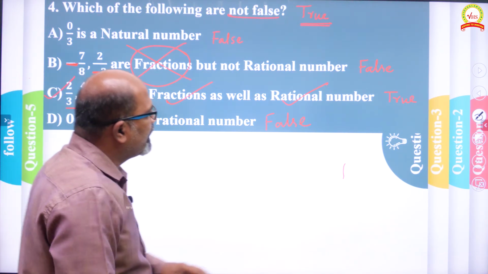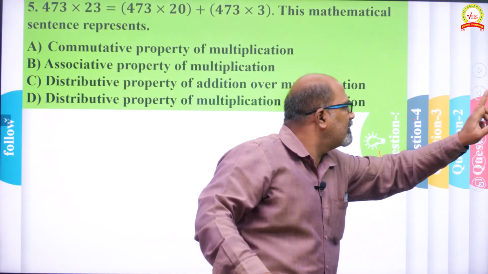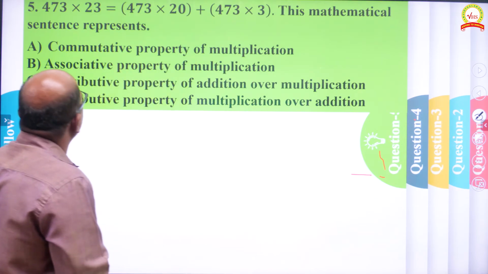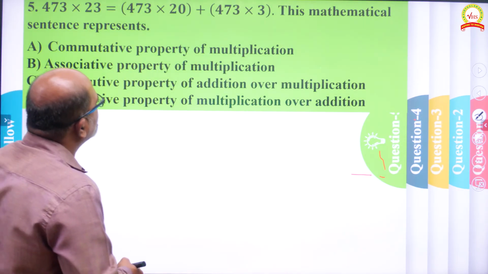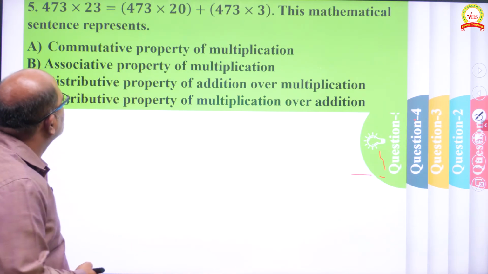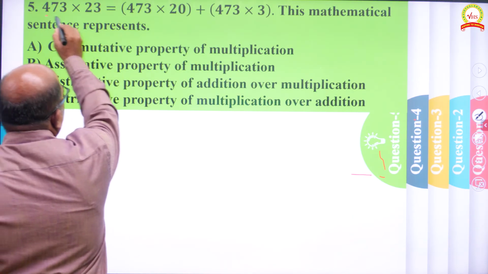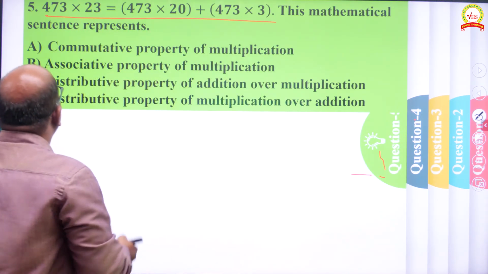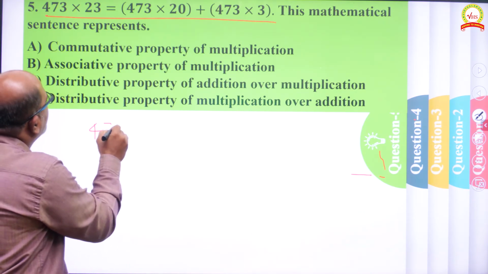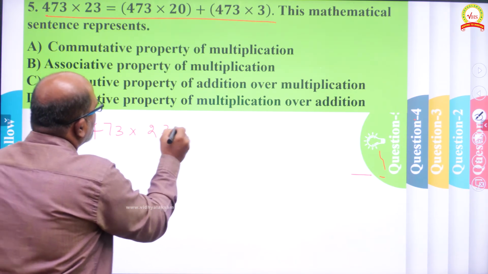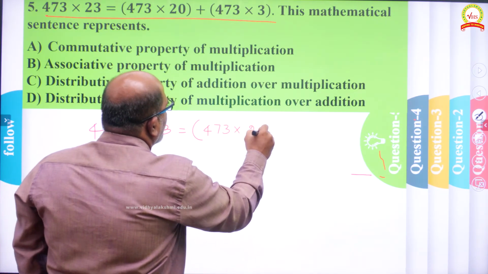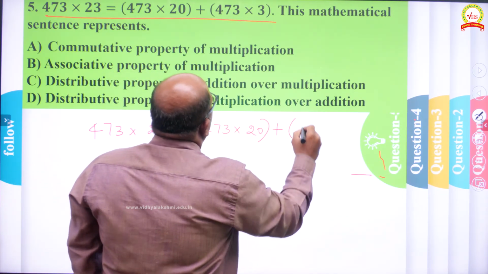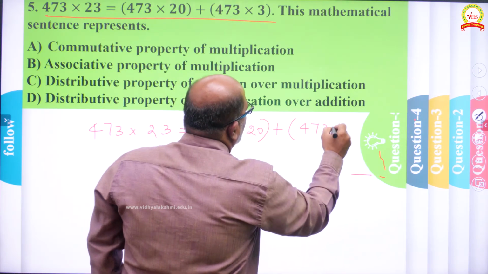And we are moving to the next question, question number 5. You can see that a problem is given here. This mathematical sentence represents what? So I just take that 473 multiplied by 23 is equal to 473 multiplied by 20 plus 473 multiplied by 3.